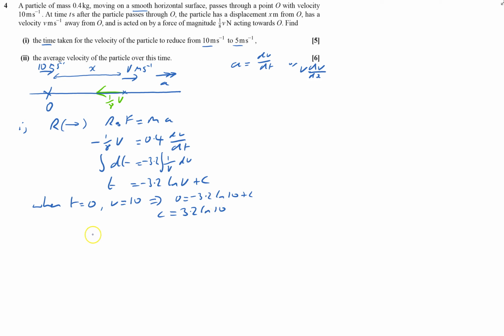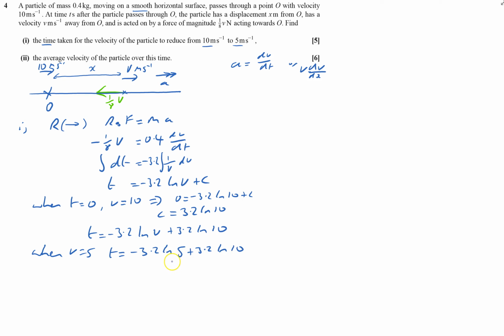So now we get our formula: t equals minus 3.2 ln v plus 3.2 ln 10, and I want to know the time taken for the velocity to get down to 5. So when v equals 5, t equals minus 3.2 ln 5 plus 3.2 ln 10.